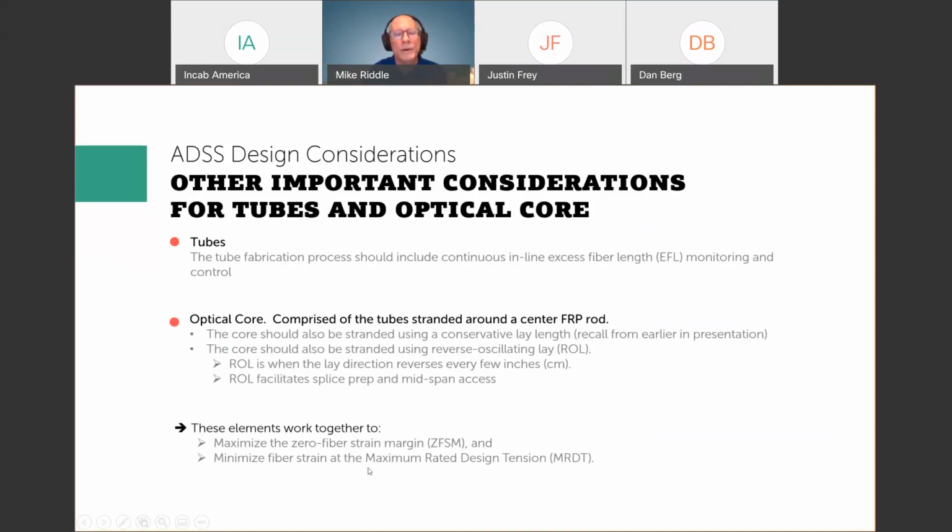At that point, they're experiencing some tension, but you want to minimize it. So these elements help you maximize that zero fiber strain margin and minimize the fiber strain or fiber tension at that maximum rated design tension.